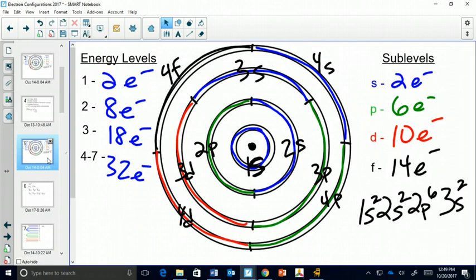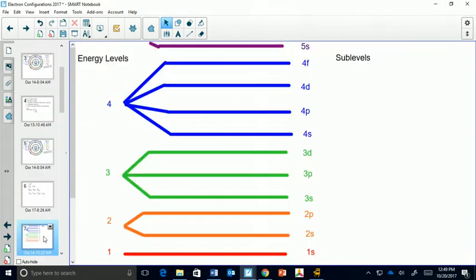You would think logically that they would look in that same way, kind of like a ladder, filling up the bottom ones first and continuing to move up. What we find is that's not actually how it works.